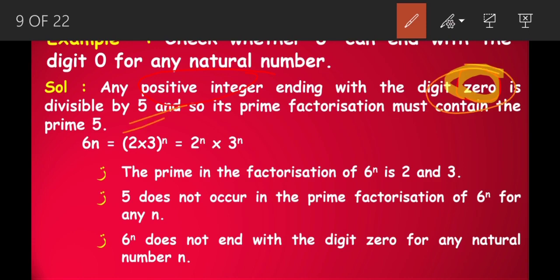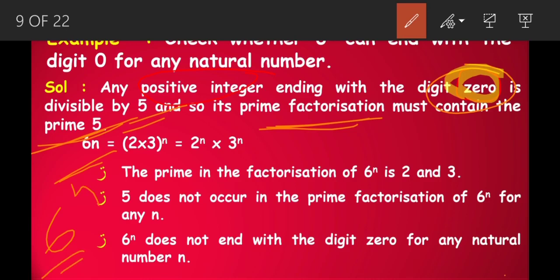So if we do the prime factorization for that number, it must contain the prime number 5. So what is the given number here? 6 power n.